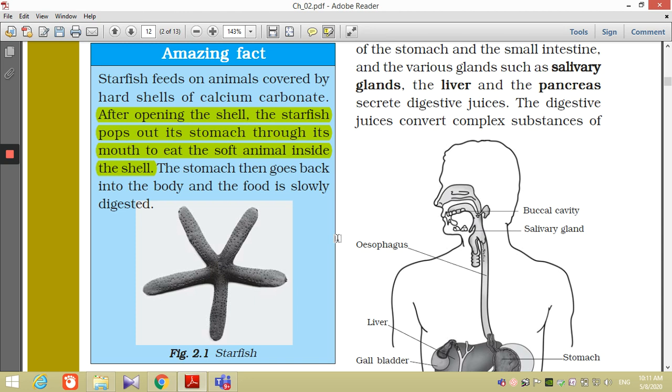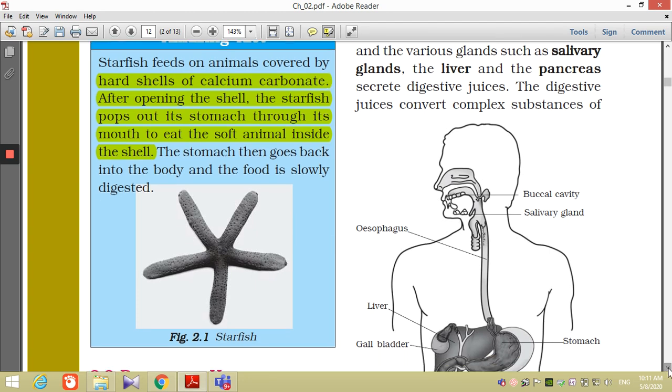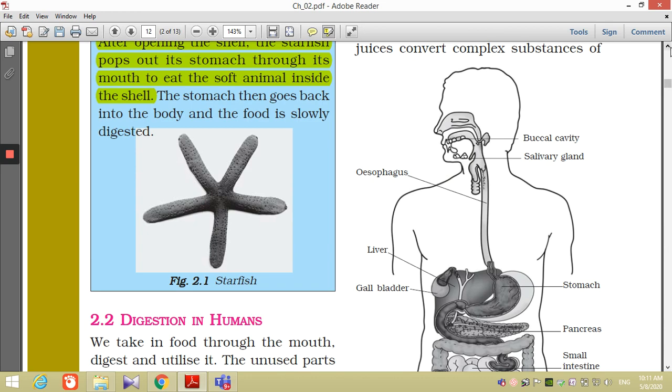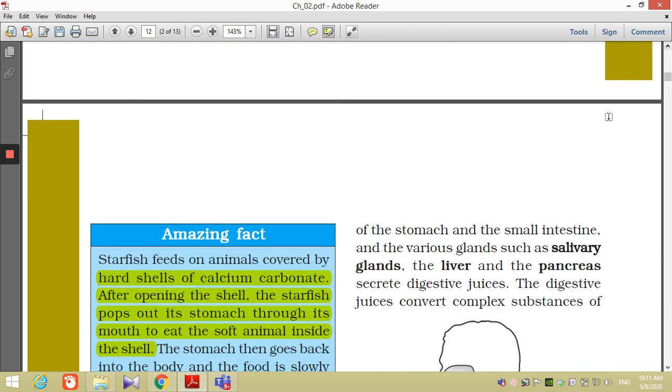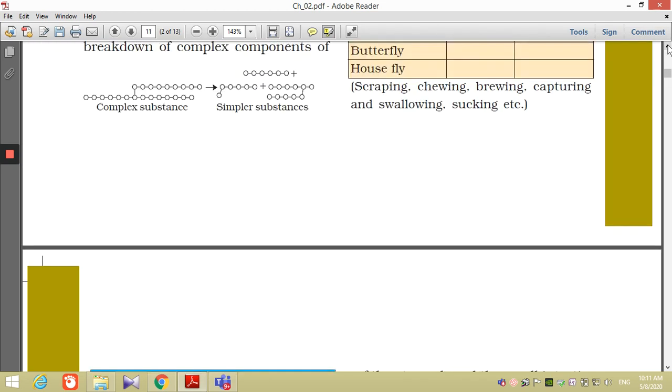In this case, the starfish likes to eat animals covered with hard shells of calcium carbonate, such as snails, etc. So the world is full of different types of animals.